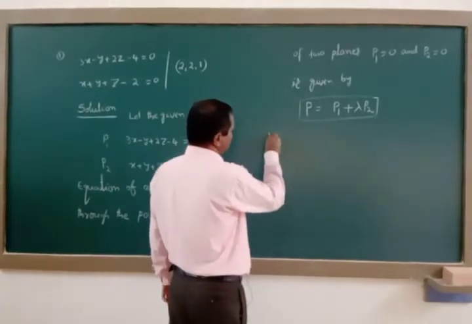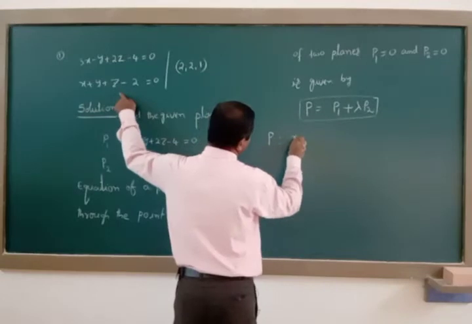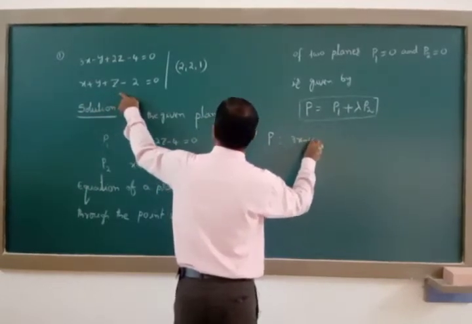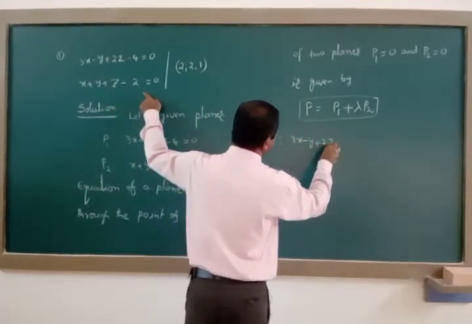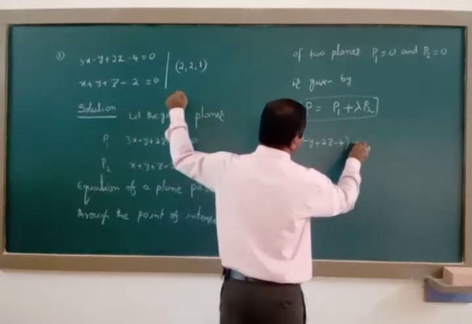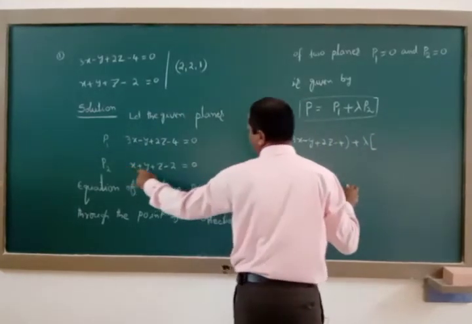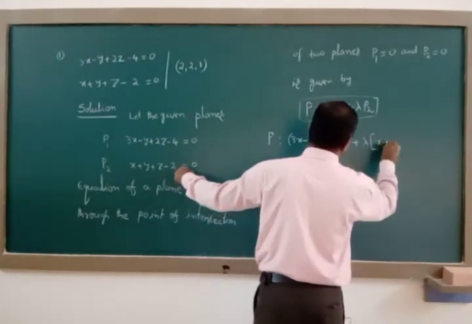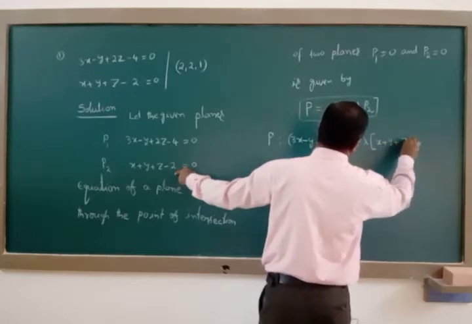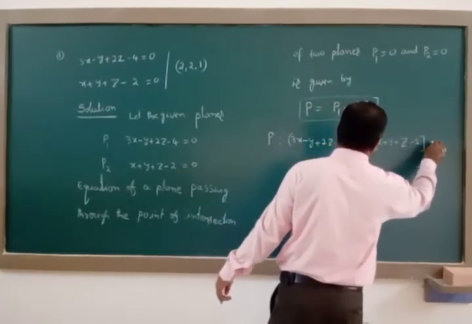That is P such that here P1 equation is 3x minus y plus 2z minus 4 plus lambda into P2, that is, x plus y plus z minus 2. Now we equate this equation to 0.